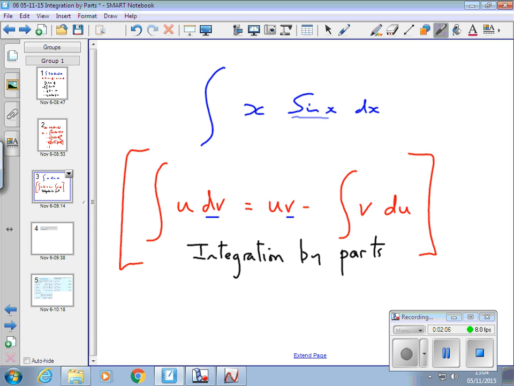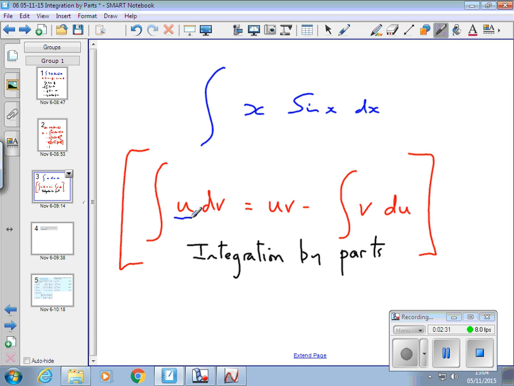So what goes here is the integral of whatever we decide to call dv out of these two. And then we take away the integral of v, which is the bit I've just integrated, times du, which is the differential of the bit I've called u. Sounds a bit wordy, but we'll see how it works by example.